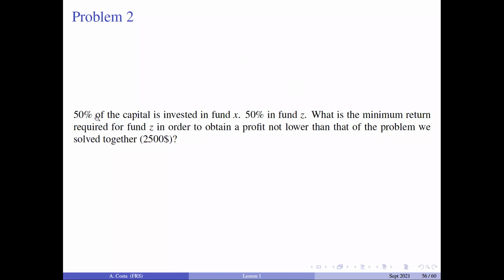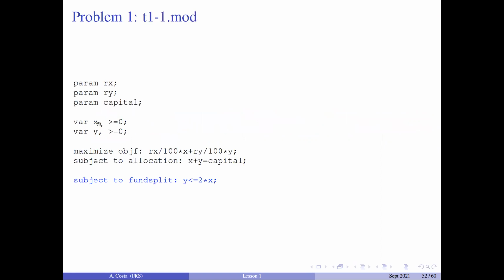Since I tell you that 50% of the capital is in fund X and 50% in fund Z, what does it mean? There is no more fund Y, because if 50 is on fund X and 50 on fund Z, that's 100%.